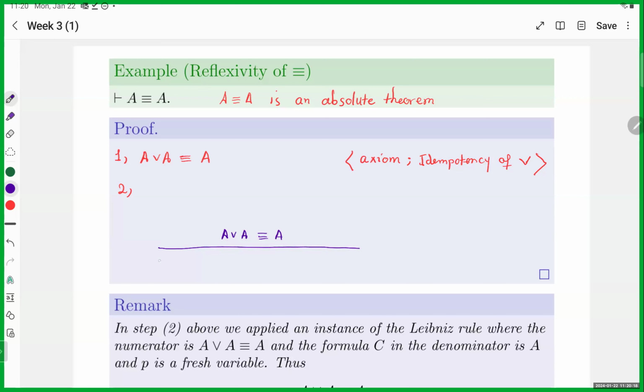But the point is, for which C that's going to help me. Now, in this case, what if I take the C to be formula P? Just P, where P is a fresh variable. Again, it's important that P does not occur in A for the purpose that I want. So I picked C part of the Leibniz to be the formula P. Now what happens if I... sorry, let me see. This is not going to give me... no. What do I want?